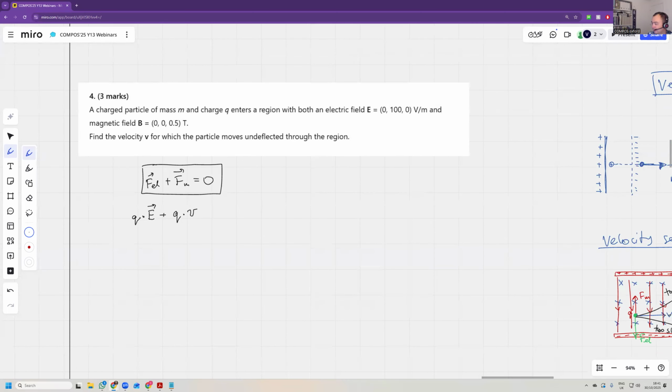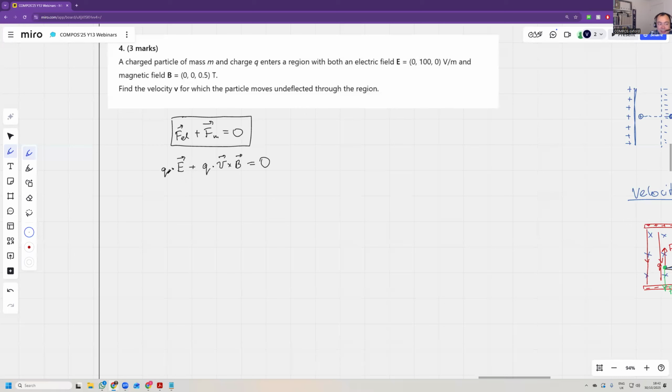Which way around is it? I always forget. Is it VB or BV? I think it's VB. QVB, yes. QV times B, and this is a cross product. And that's equal to 0.